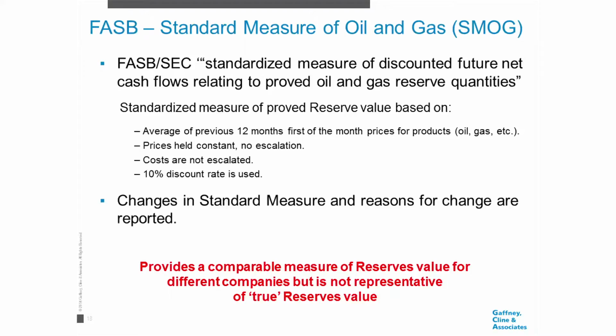It relates only to the proved reserves and is based on those four assumptions: the average previous 12 months prices are held constant, the costs are not escalated, and there's a 10% discount rate. So in the US, they have gone out of their way to try and put a value on reserves that is comparable company to company.